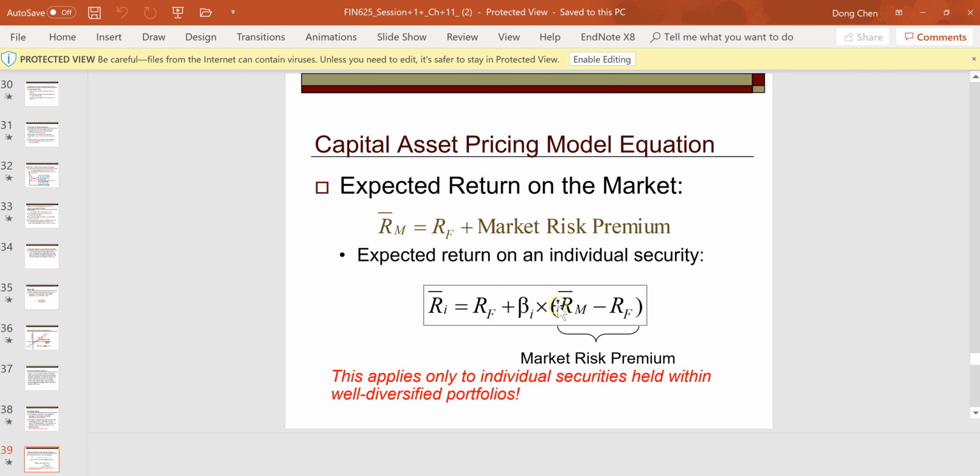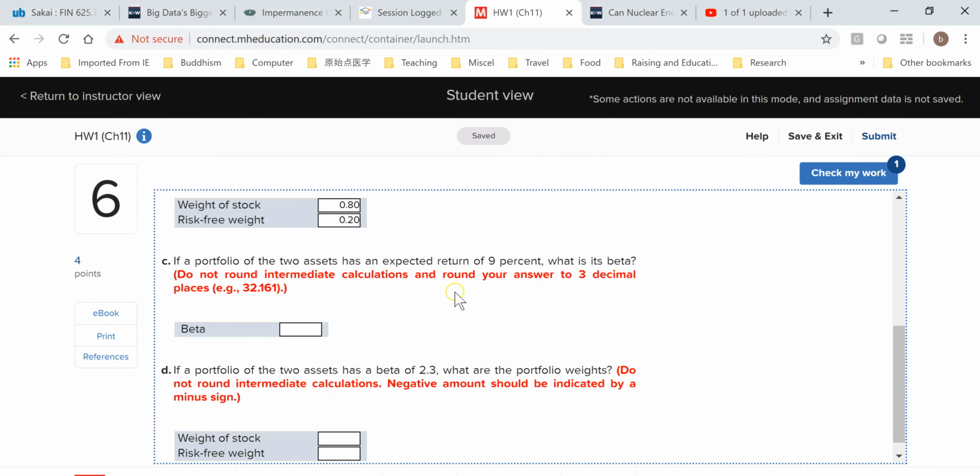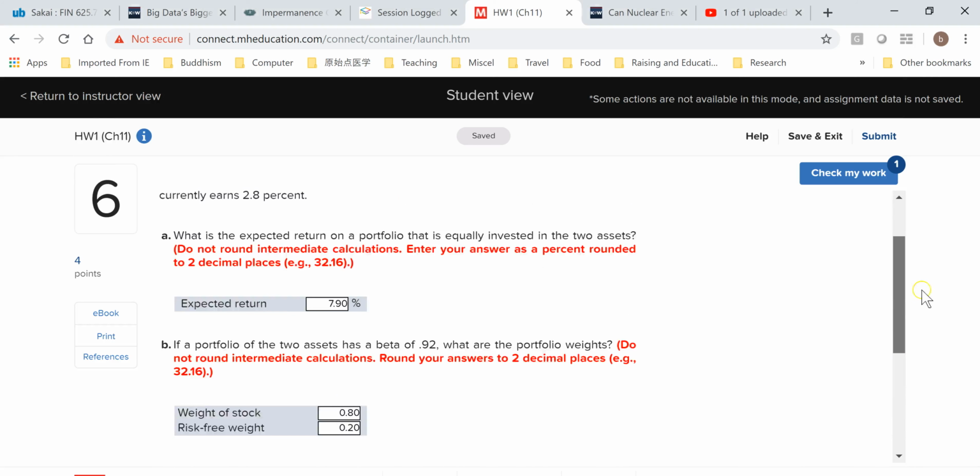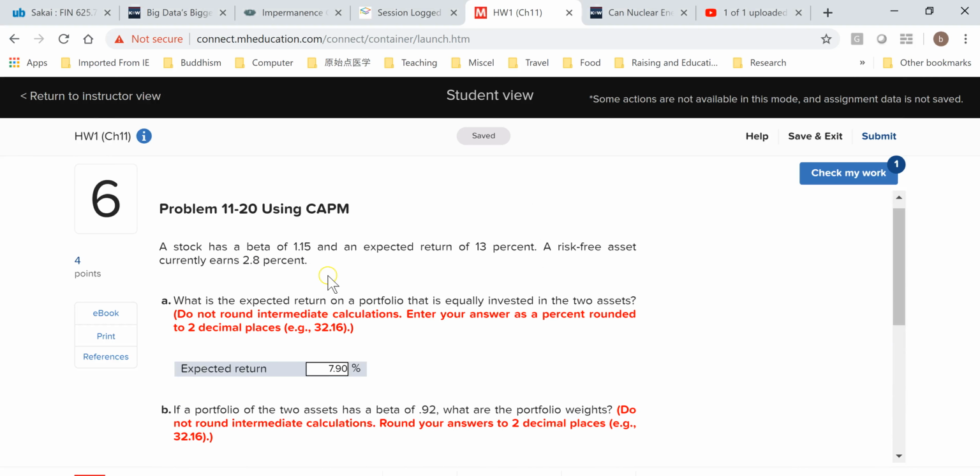If we can figure out RM, then we can plug in all the inputs to figure out the expected return of the portfolio. So how do we know the RM? We can actually figure out RM based on the setup here, because we are provided with the expected return of the stock.